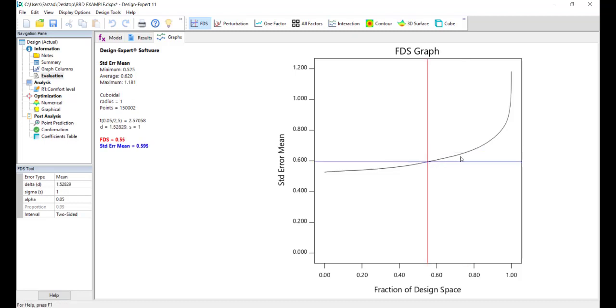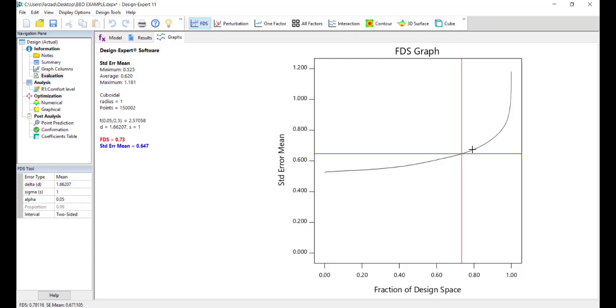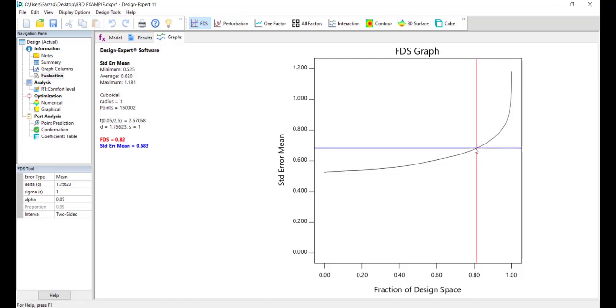In other words, as you can see here, almost 80% of our design space has this much standard error, which is about 0.65 or less, so less than 0.7. So it is helpful to see this graph and check that.